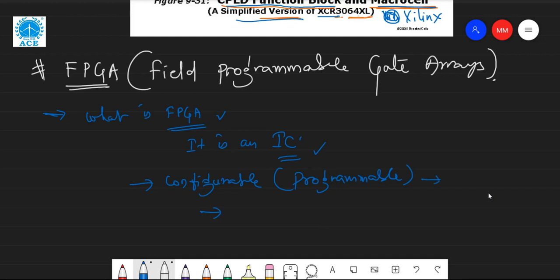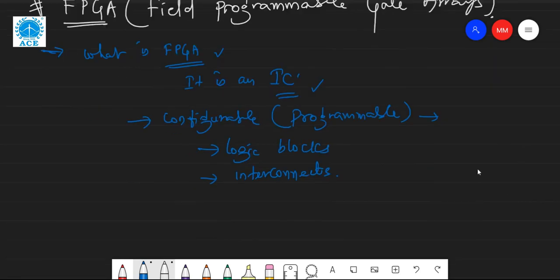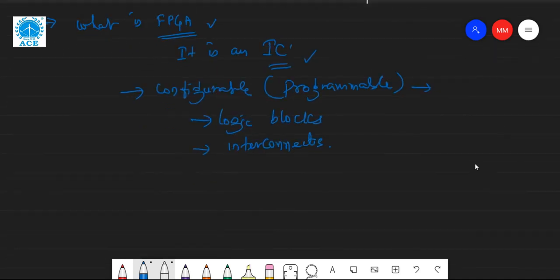So generally the components of an FPGA are basically logic blocks and interconnects. In this FPGA we can completely configure our program, or make all logic functions or interconnections programmable. Okay, what blocks does this FPGA contain?